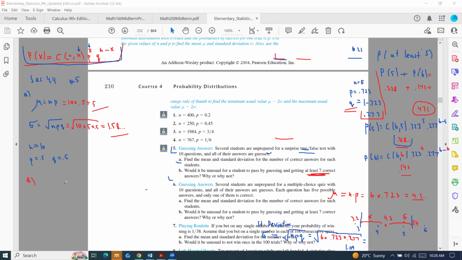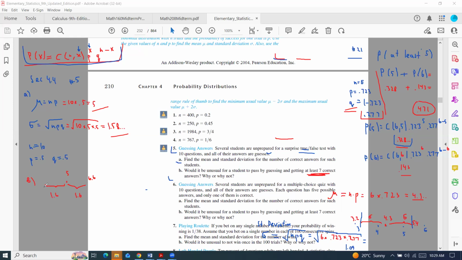Well, first of all I can estimate that by using the fact that my mean was 5, right? And I expect to be off by 1.5, 1.6 approximately, either to the left or to the right. So if I add 1.6 to 5, that will be 6.6.